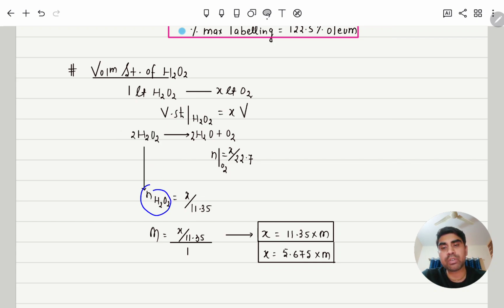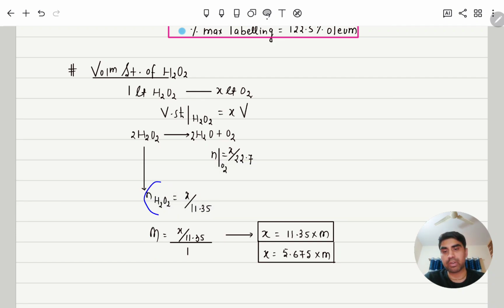So number of moles of H2O2 divided by 2 is equal to number of moles of O2 divided by stoichiometric coefficient 1, that is X by 22.7. Since here it is 2 divided by 2, this stoichiometric coefficient, the 2 goes up. So overall it became 11.35. So the number of moles of H2O2 came.